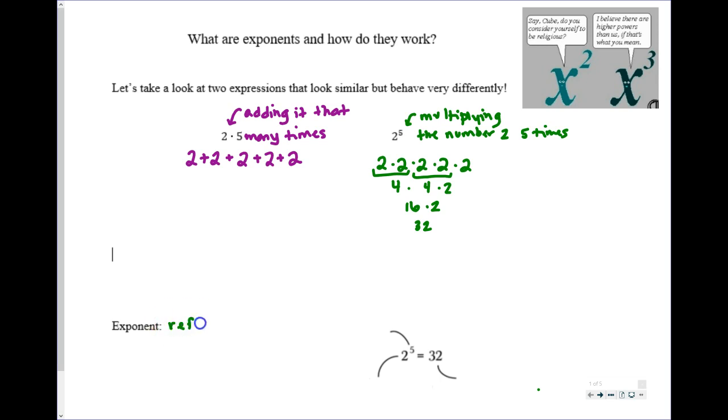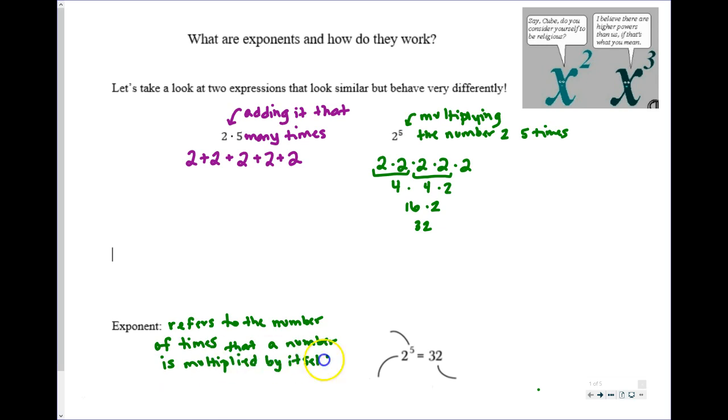So an exponent refers to the number of times that a number is multiplied by itself. So in this previous example, 2 to the 5th power, we're multiplying 2 by itself 5 times. Okay, so that exponent tells us how many times you're multiplying that number.